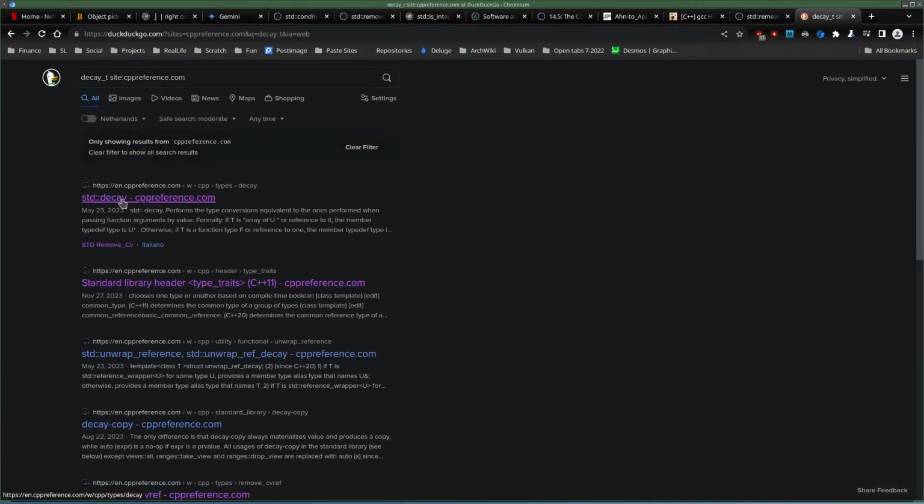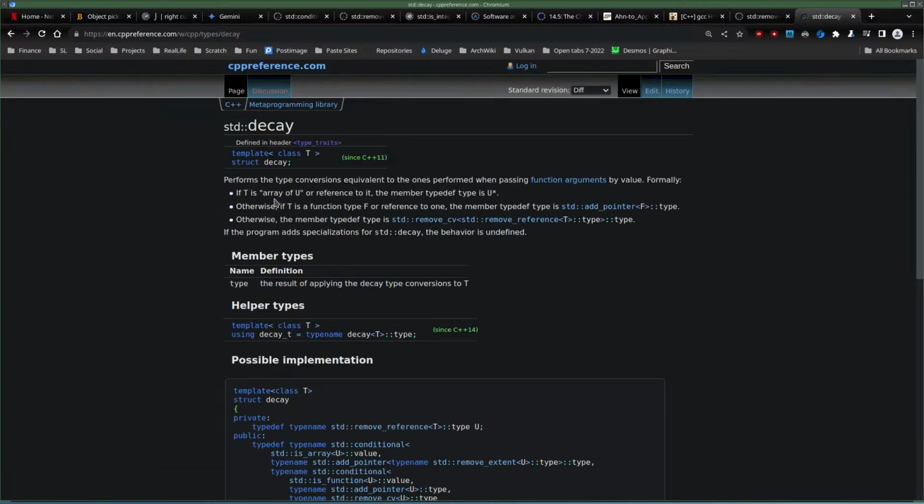And decay performs a type conversion equivalent to the ones performed when passing function arguments by value. Formula is T is an array of U or a reference to it, the member type is U pointer.